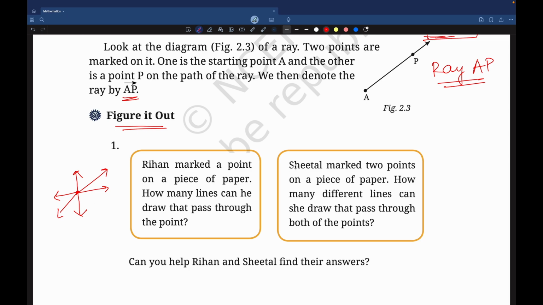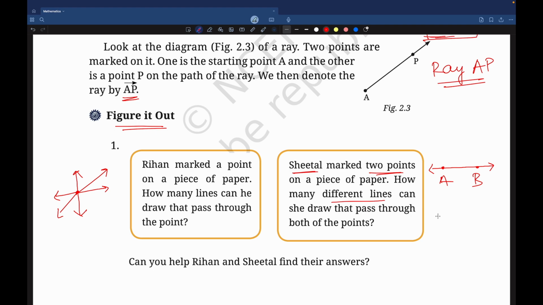Now question number 1, part 2. Sheetal marked 2 points on a piece of paper. How many different lines can she draw that pass through both the points? Let us say these are 2 points, A and B. We can draw only one line. Sheetal can draw only one line.